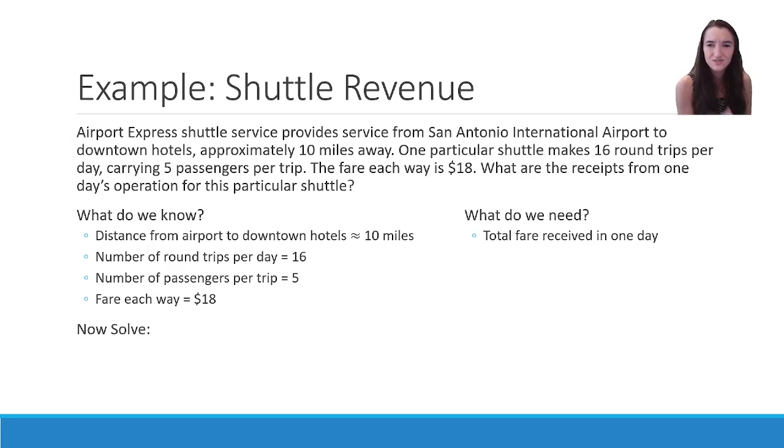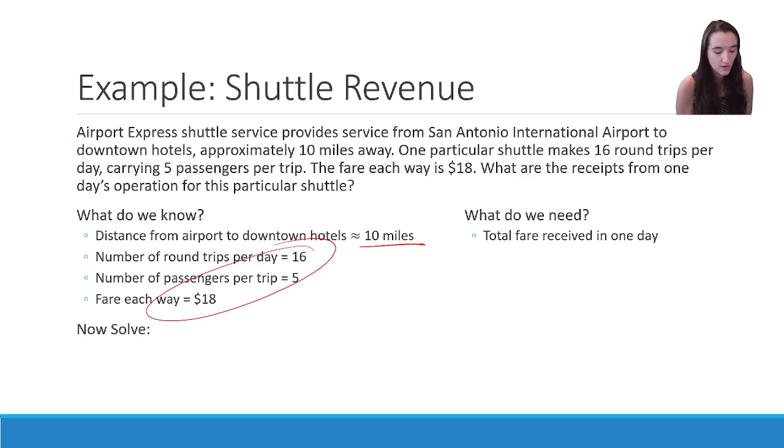So, notice that there's actually one piece of information here that's not going to matter at all. There's no relationship between the miles and any of this, actually. It's not going to come in. Because it's not $18 per mile, it's just $18 total. It doesn't matter how many miles they went. They're paying $18 for those 10 miles. So, one thing we do need to be careful about is that these are round trips.